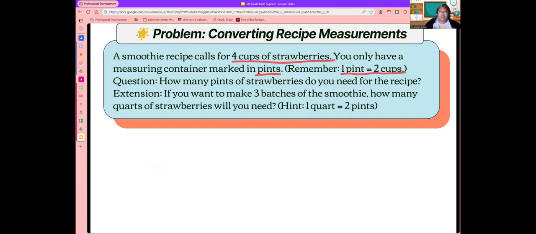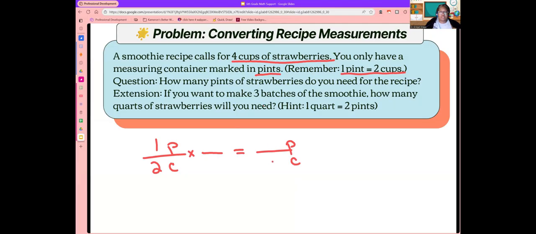This goes along with equivalent ratios because we can set this up as an equivalent ratio. We have 1 pint equals 2 cups. If we set this up the same way, putting pints here and cups here, then we'll be able to figure out the missing part of the measurement.